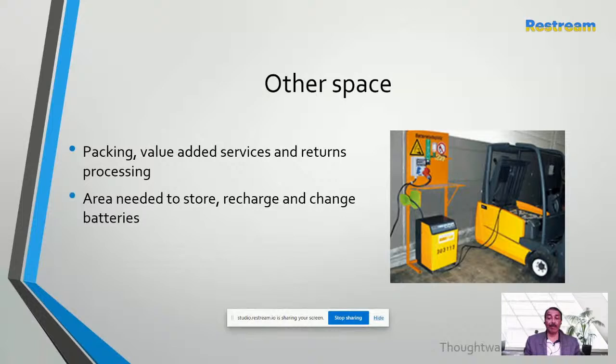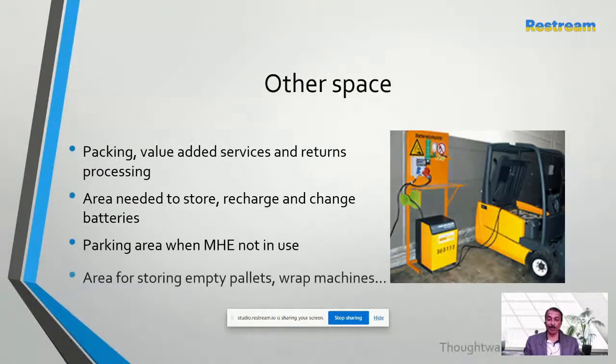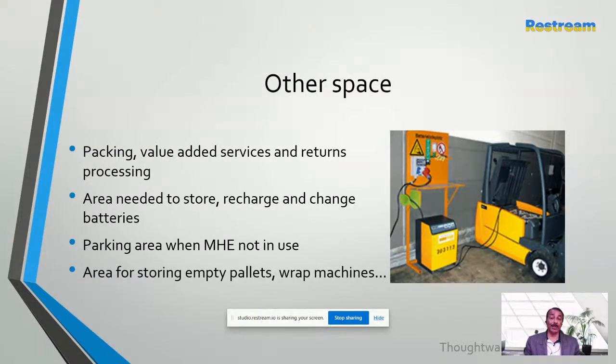You need to have an area to store, recharge, and change the batteries of these material handling equipment. Of course, you also need a parking area when material handling equipment is not in use. Area for storing empty pallets and drop machine. And most of the time we get into problems because of such issues in a warehouse.